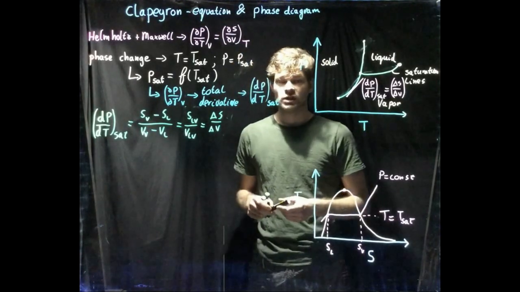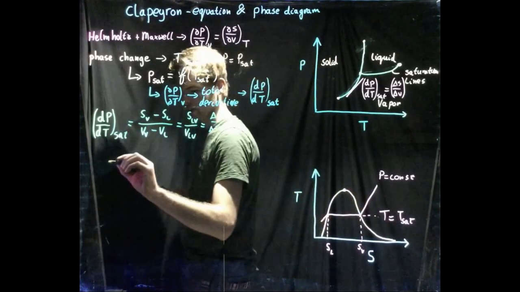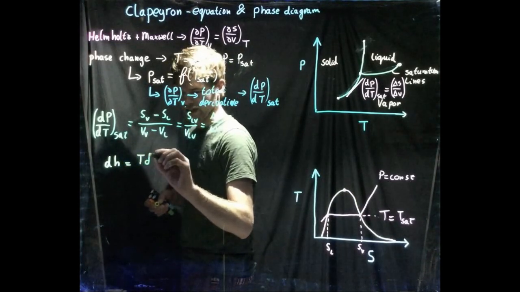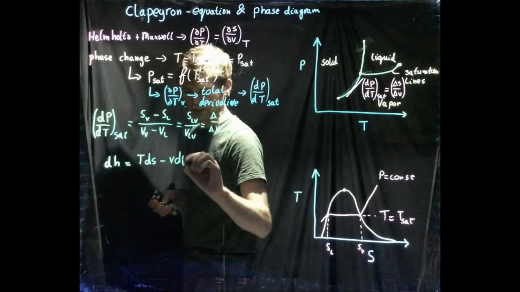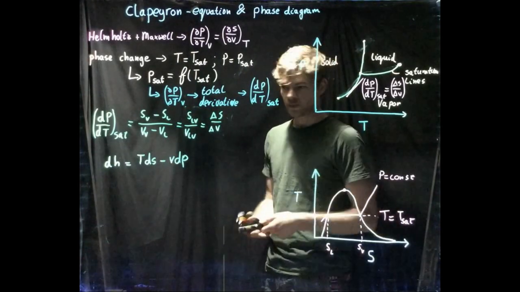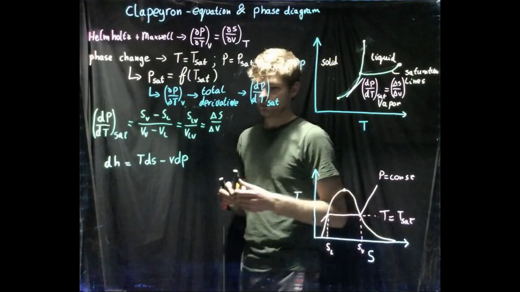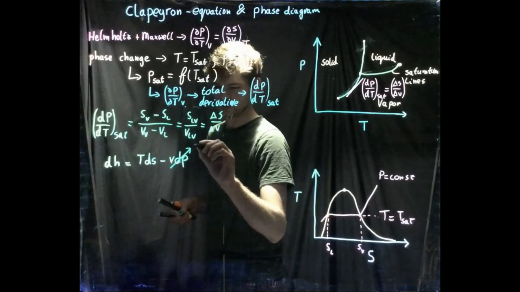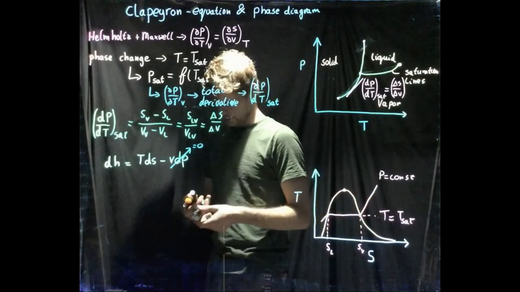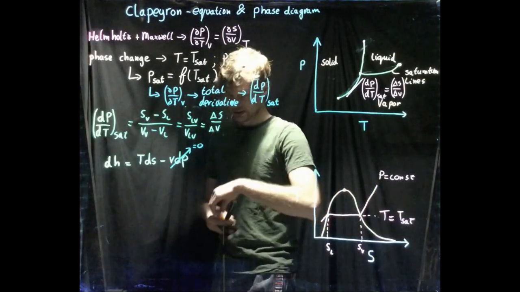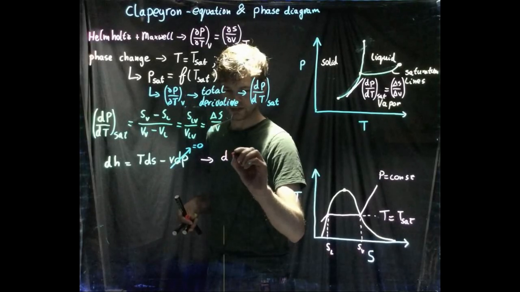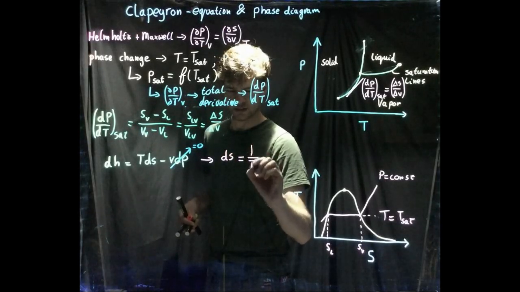And for that, I'm going to use the total derivative of enthalpy, which is dH = T dS minus V dP. And actually we know, since we're at the saturation line, that dP will drop out, since there's no difference in pressure. So this is 0. And then our equation becomes really useful, because we can write it now as dS = 1/T dH.